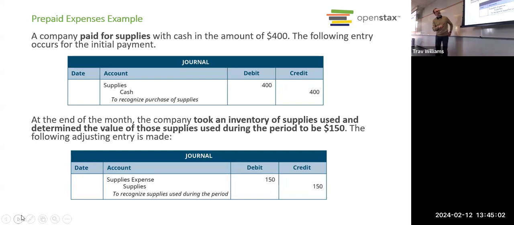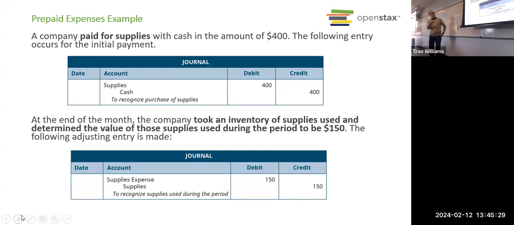So here's an adjustment. Well, actually, no, this is a purchase. We bought some supplies, we paid cash. Okay, but then the adjustment is down here. Now we used some supplies, $150 worth, and now we count that as a supplies expense. So notice that when we purchased supplies, we debited the supplies account, right?